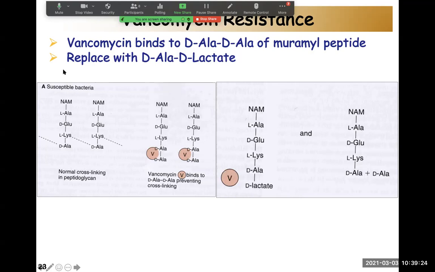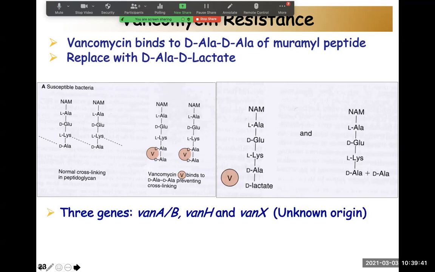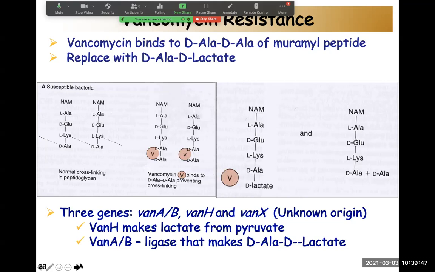So what does Staphylococcus do? It changes the D-ala to D-ala lactate. Now vancomycin cannot bind. This is how they become resistant. Right, and this is by acquiring some genes. We don't know where they got the genes from, and this is what happens when the D-ala mutates.